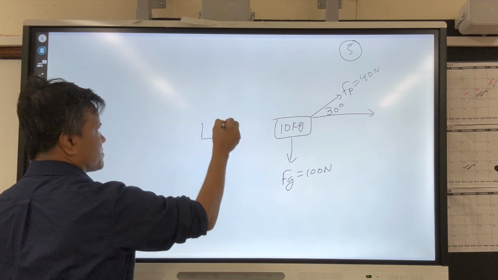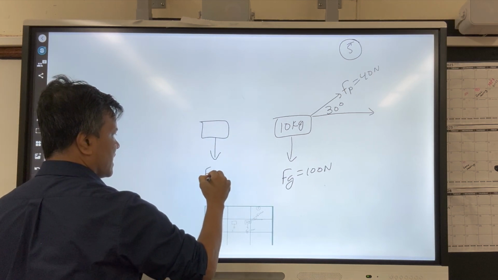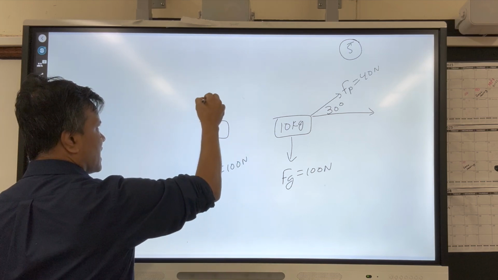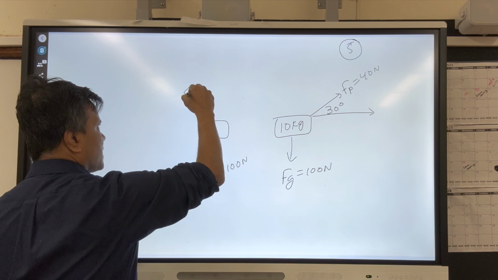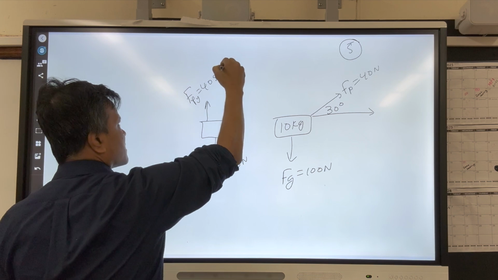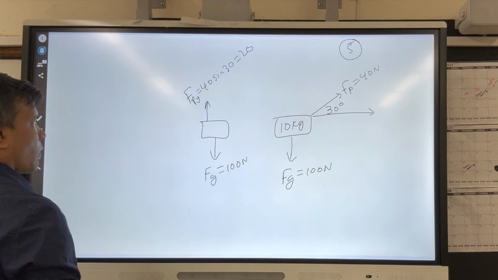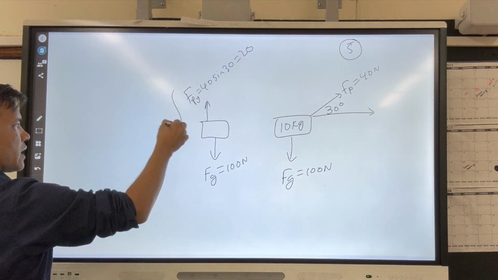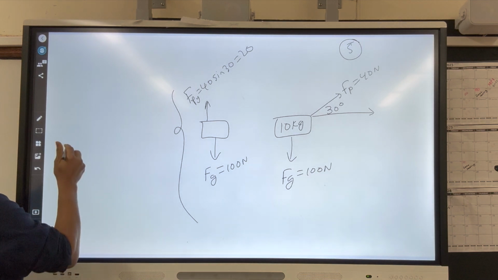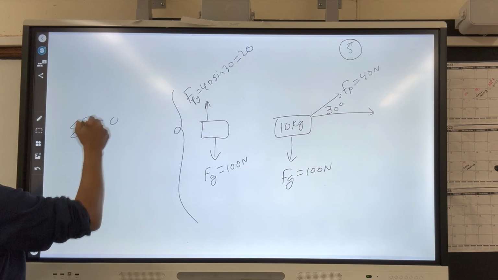Okay, let's see what the box is doing. Box is saying that Fg is 100 Newton, Fpy is 40 sine 30, which is 20, right? So in the y direction, the table cares about it. So the table takes the calculator and does the math. Fy is equal to 0.